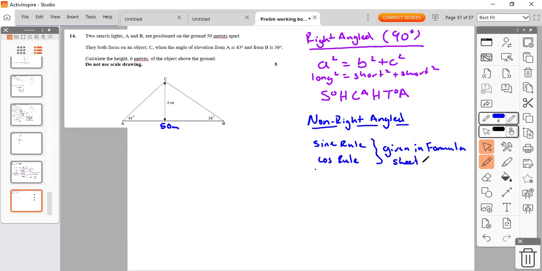So we need to know the right angle rules when we get given the non-right angle rules. The sine rule: a over sine A, where the small letter is the side and the capital letter is the angle, and the side relative to the angle is the one across from it, equals b over sine B equals c over sine C.